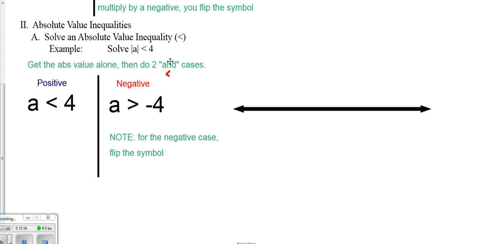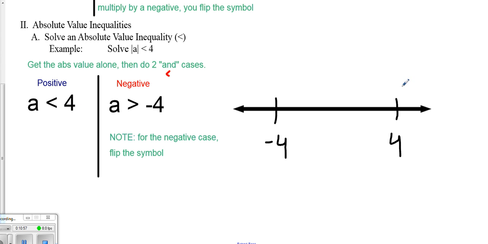Now remember, we're doing an AND case, so this is only where both of them are true. We make our tick marks for each of these inequalities, and then find the spot where both work together, where it makes an intersection. Using this positive one, we want a is less than positive 4.